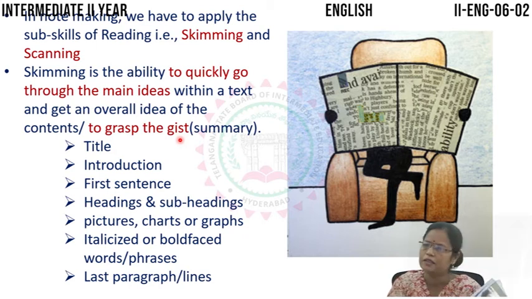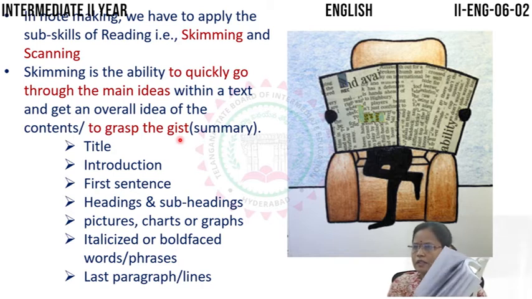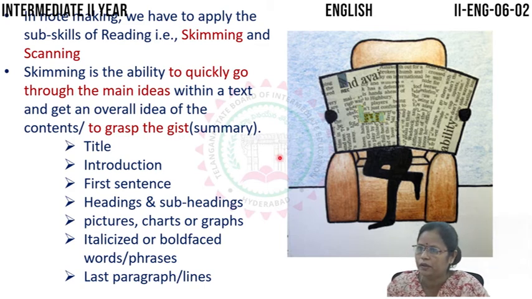You just skim through it, just like a newspaper. If you get the newspaper, what everybody usually does in the morning is first go through the headlines, that is the titles.